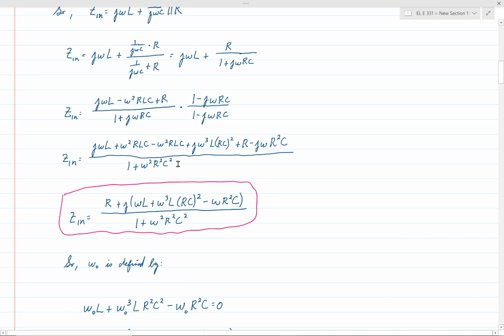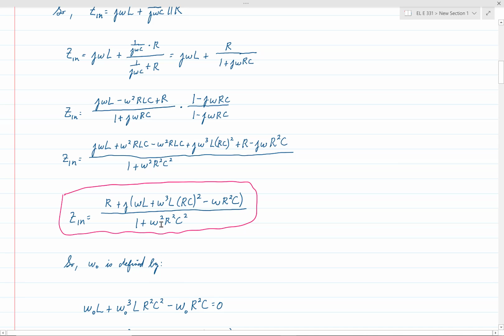And so now when we go from this step to the next step, we're not making any change in the denominator, but in the numerator, we're grouping together the real terms, which is just one, just R, because this term and this term cancel each other. So the only remaining real term is the R, and everything else then is imaginary.